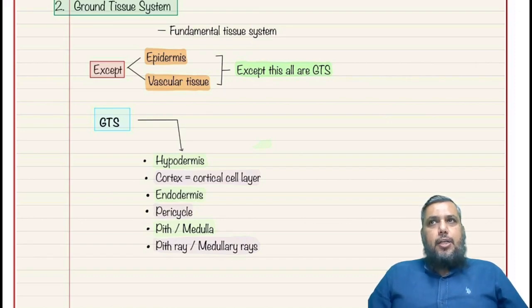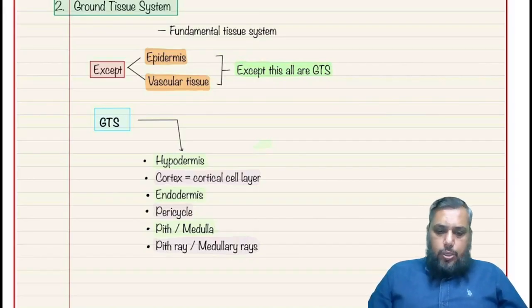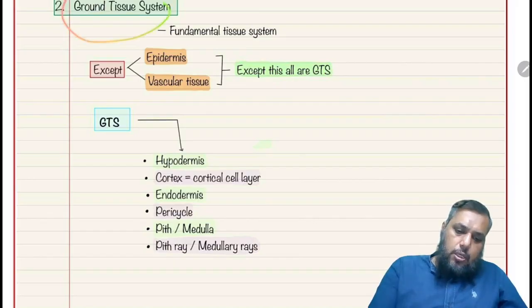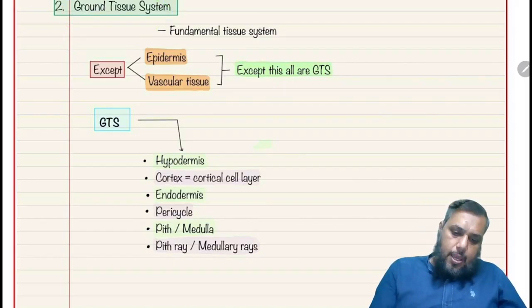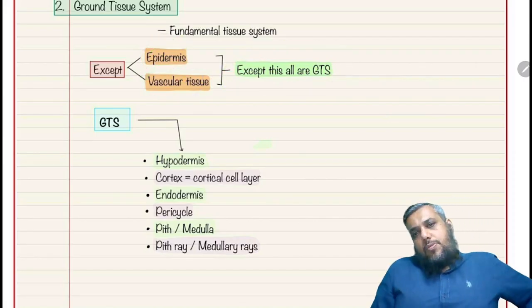Now, the fundamental tissue system, the main or major tissue system in plants, is included in the ground tissue system. Everything except the epidermis and vascular tissues is included in the ground tissue system.